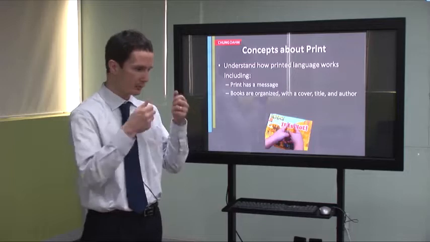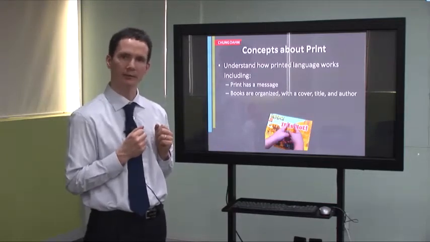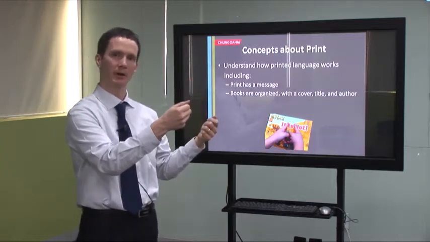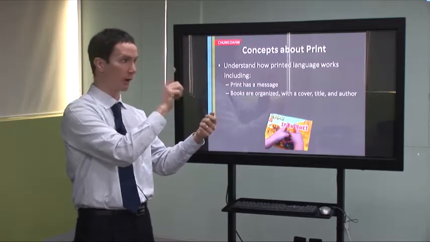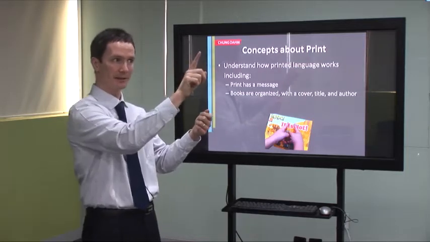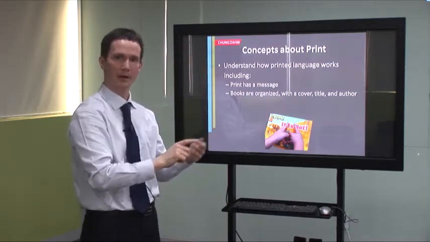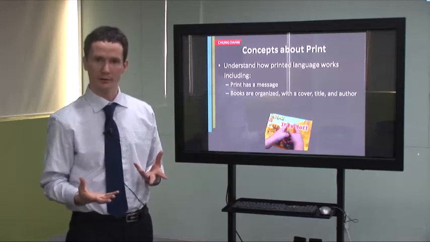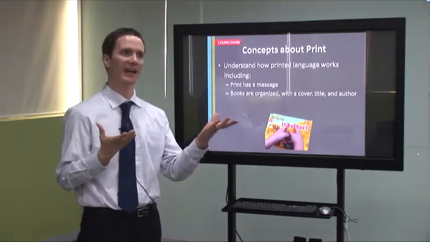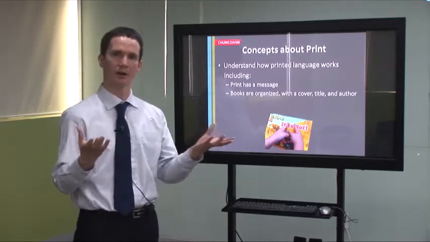When I get a book off the shelf, I know where the front of the book is, where to open it, where the first page is, where the first word is, and I know I read from left to right and from top to bottom. Now, we're not born knowing this. We have to learn it, and those conventions can be different depending on the culture.